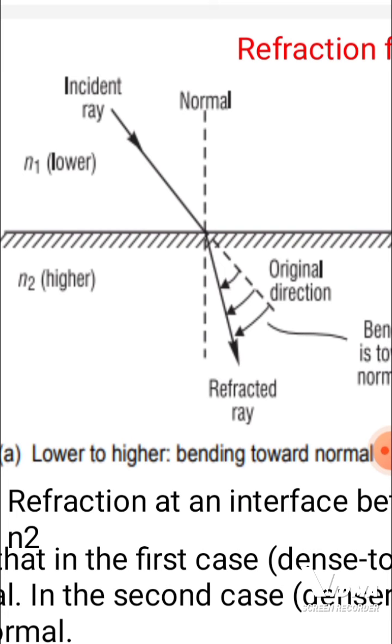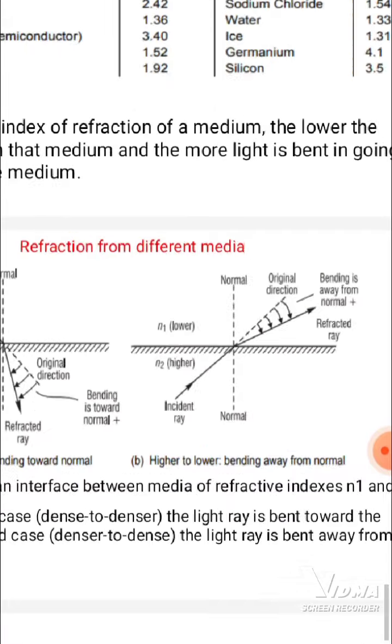For example, when it moves from glass into air, from a higher to a lower refractive index, there is a bending away from the normal. On the other hand, when it moves from a less dense to a denser medium, it bends towards the normal. For example, when it moves from air into water, there is a bending towards the normal. Take note of that.